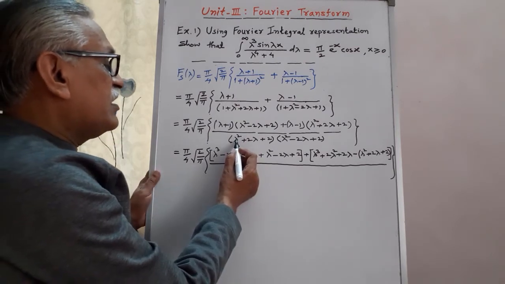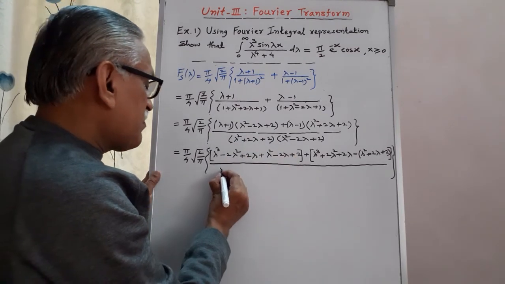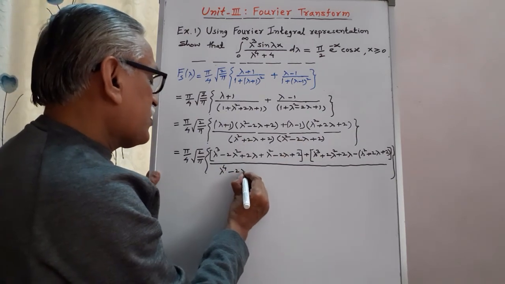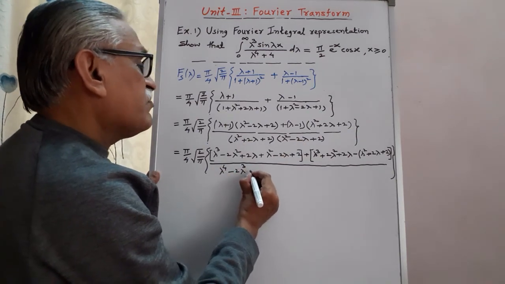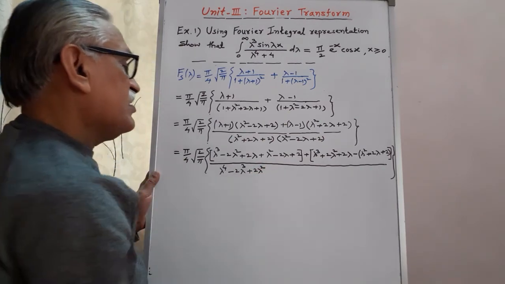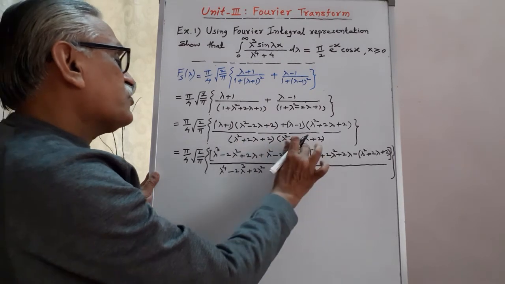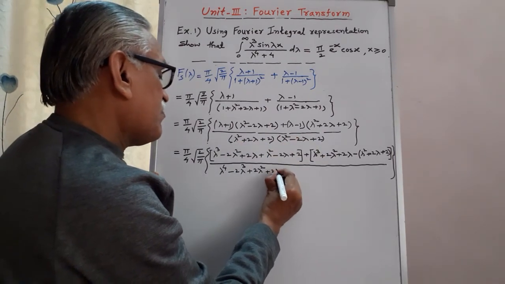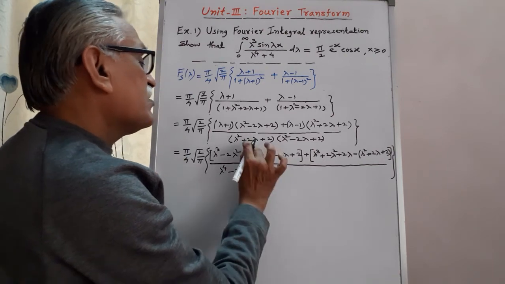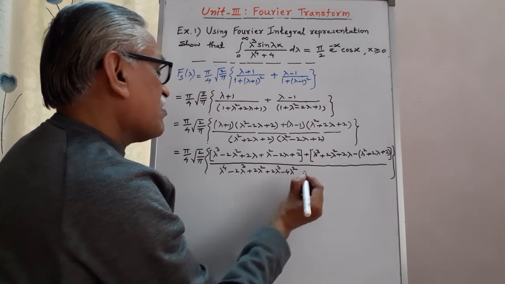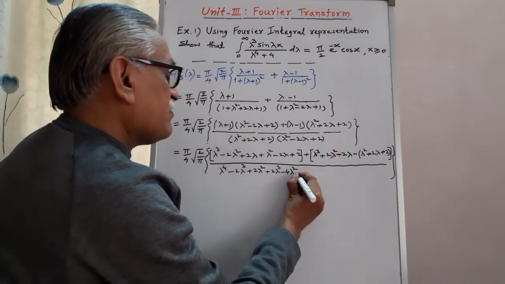Therefore lambda square into lambda square, we get lambda raised to 4 minus 2 lambda cube and plus 2 lambda square. Then multiplying by 2 lambda to this, we get 2 lambda cube minus 4 lambda square and plus 4 lambda.